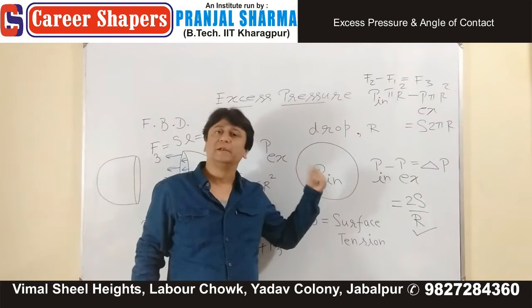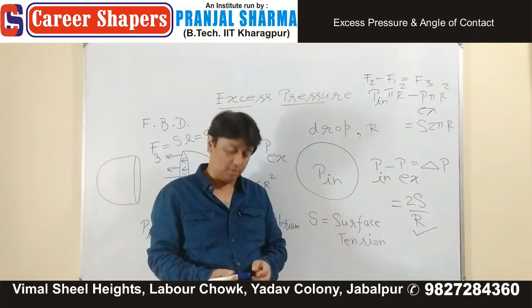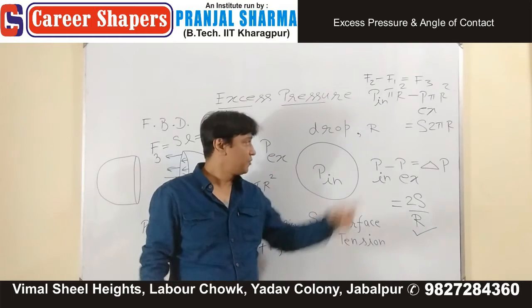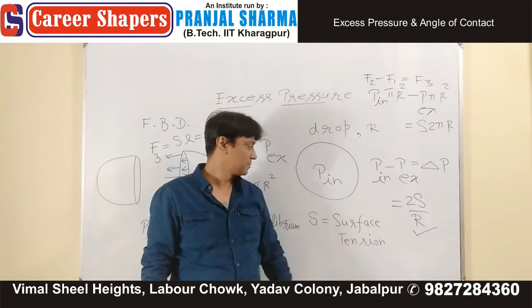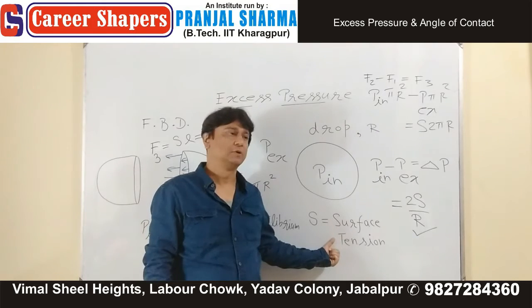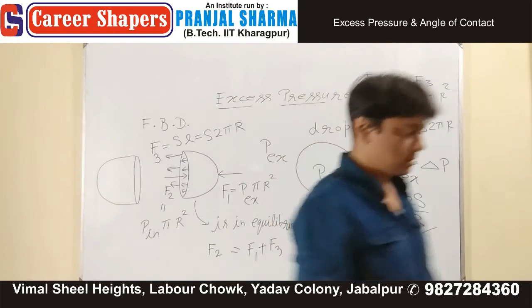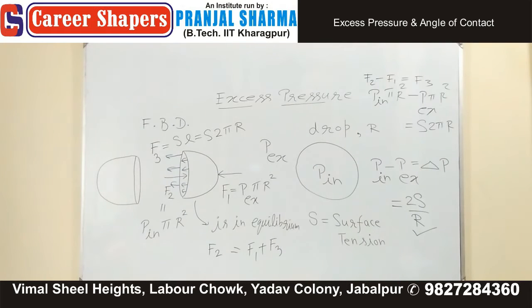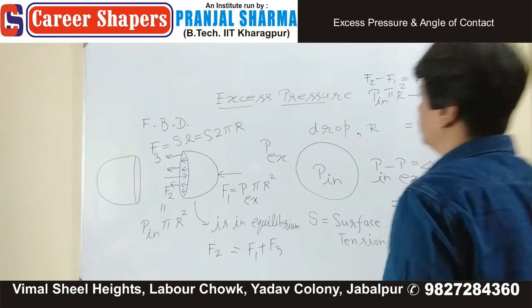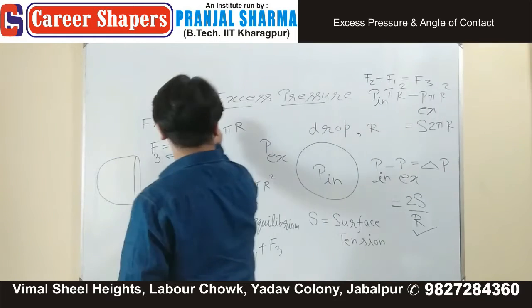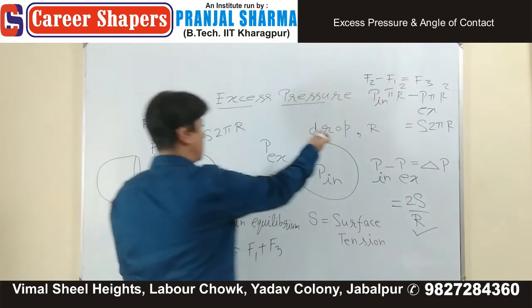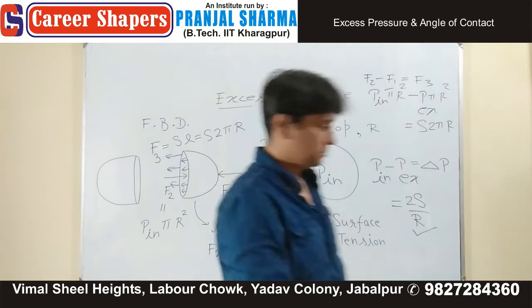But suppose instead of a drop, we have a soap bubble of radius r, surface tension S. Now let's see how many of you can give me the excess pressure for a soap bubble. Write down the excess pressure for a soap bubble. This time it's not a drop, it's a soap bubble.